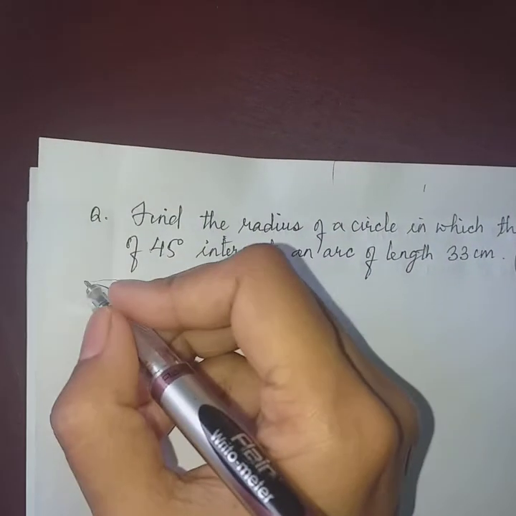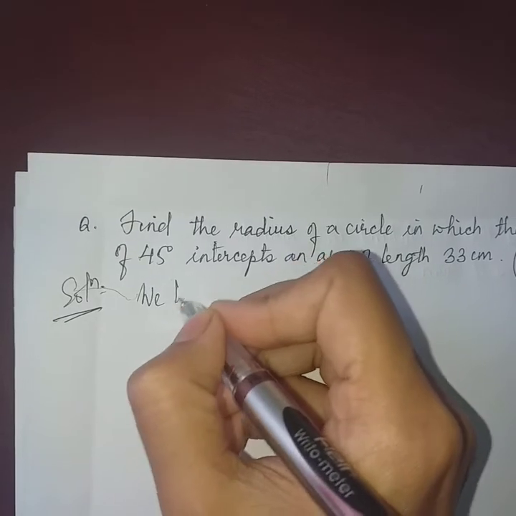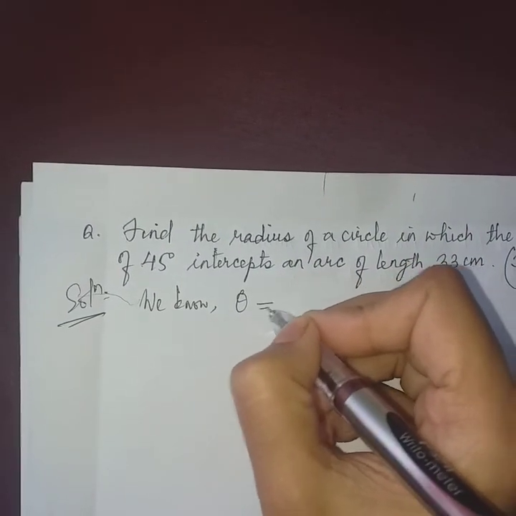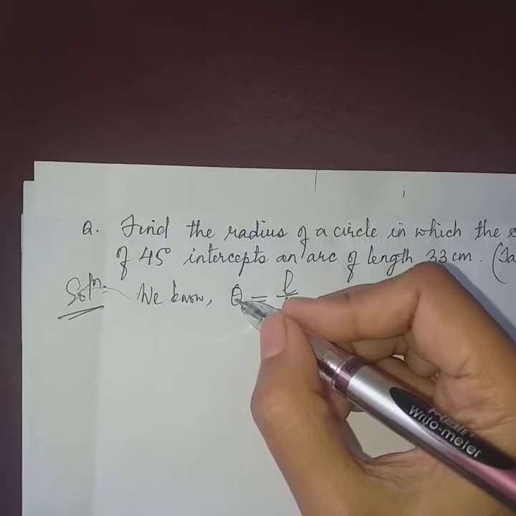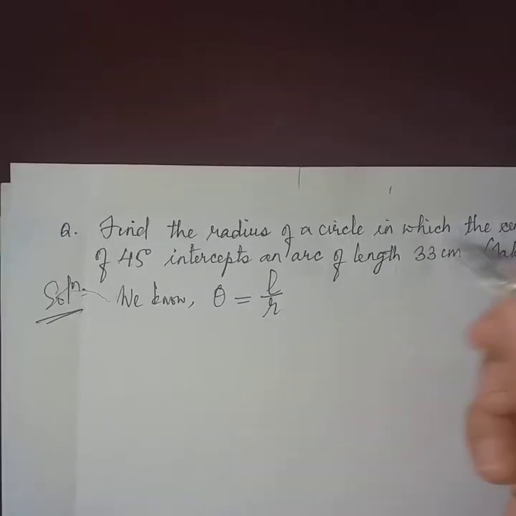So we know the formula: theta is equal to L by R, where theta is the angle in radian, equal to arc length by radius.